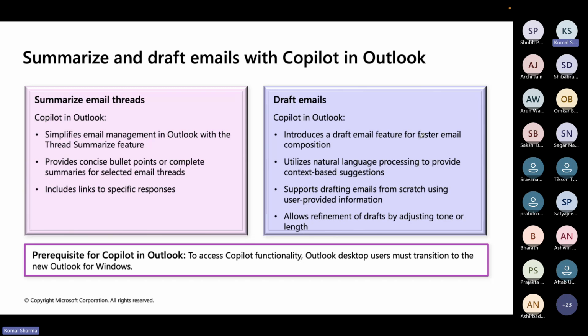Sometimes it is difficult when there is an email thread. Let's say you have received 5 or 10 emails with the same subject. If you wanted to summarize the entire communication happening in these emails, you can ask Copilot to give you the summary.